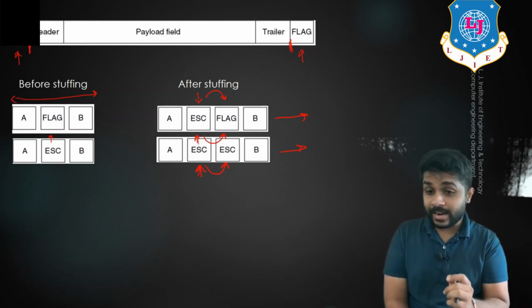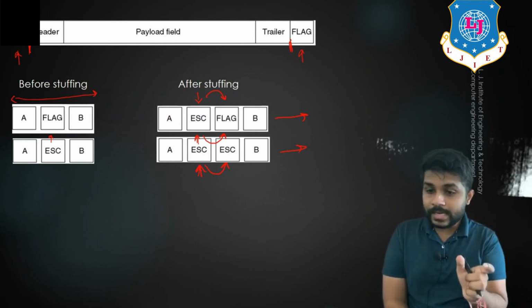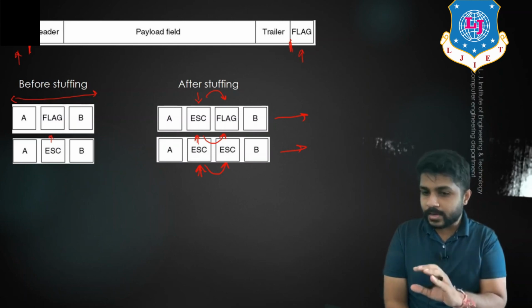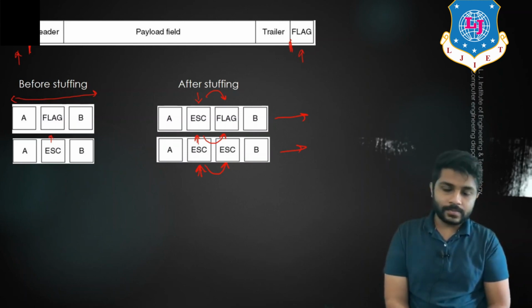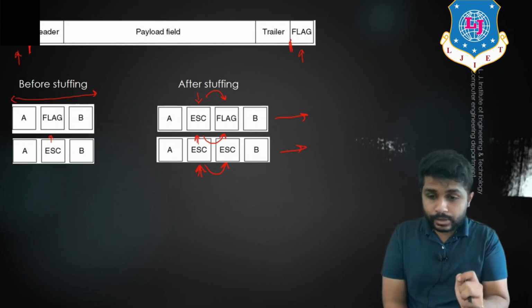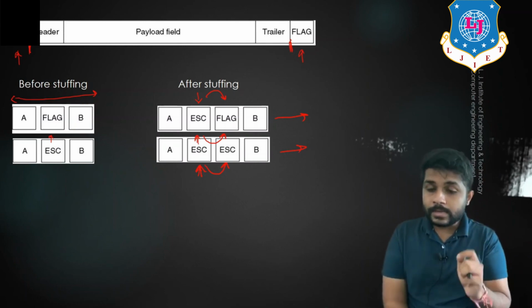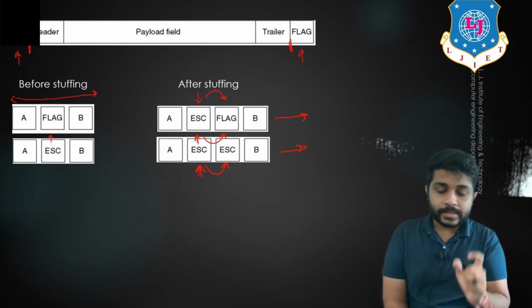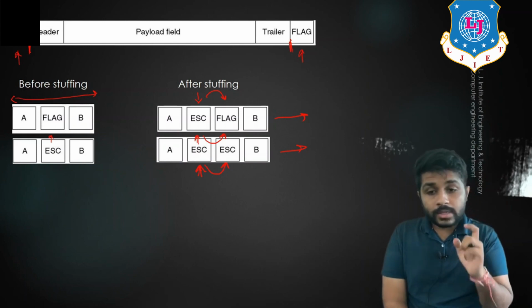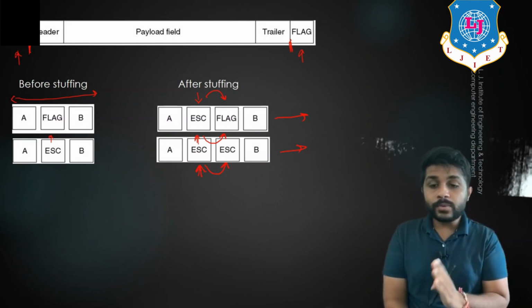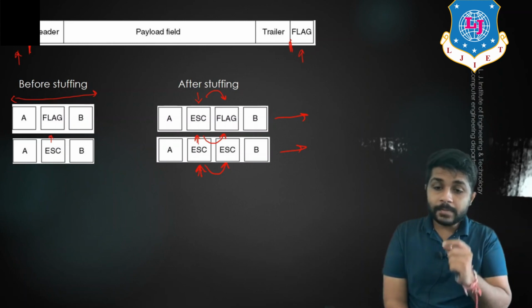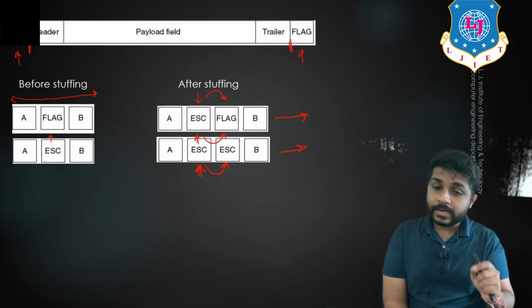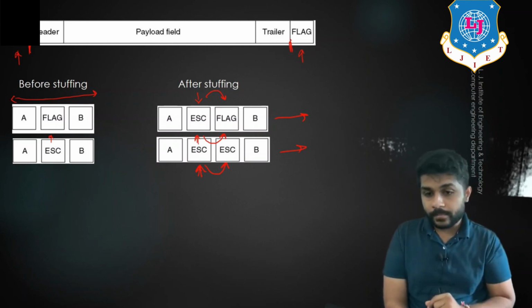So you can understand that the actual data, which is just like an escape character, is not removed by the receiver. Understand, student? Whenever the receiver detects any escape character in the frame, all it knows is to remove the escape character and keep the data after it as a part of the frame.